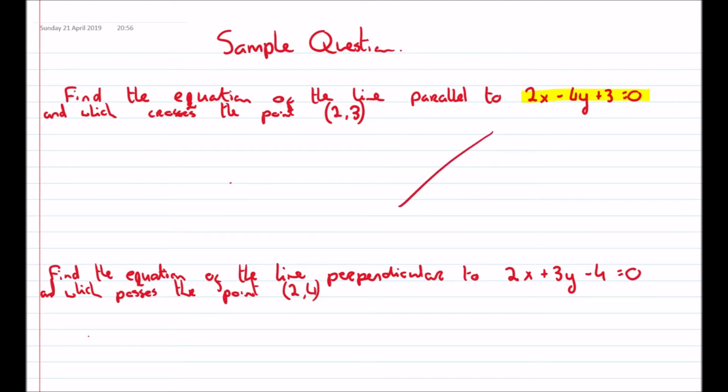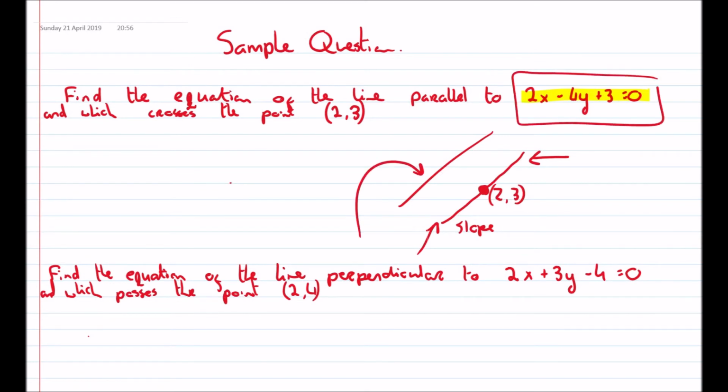And there's another line that's parallel to it, so here it is, and it crosses (2, 3). And I want to find the equation of that line. How do I find the equation of that line? Well, I have a point. All I need is the slope. But remember, the slope of this line will be the same as the slope of that line, and I have the equation of that line.